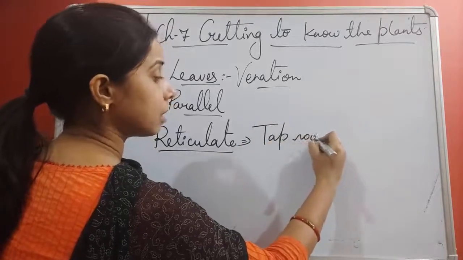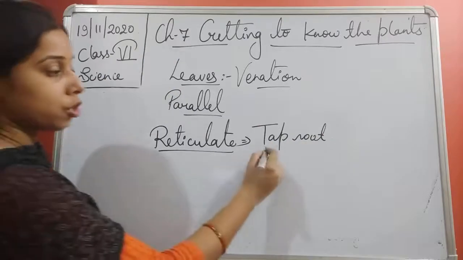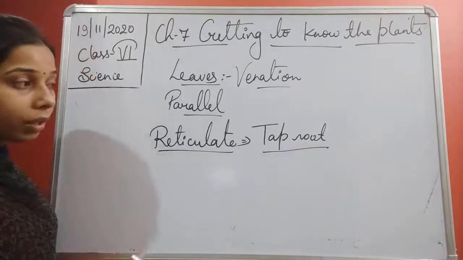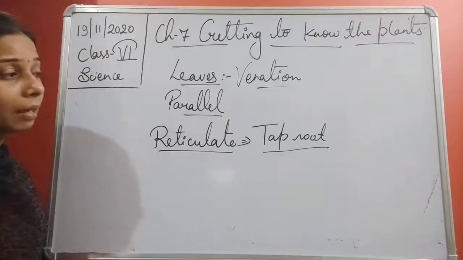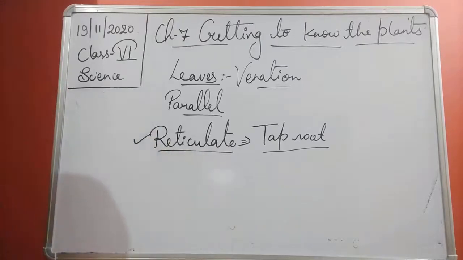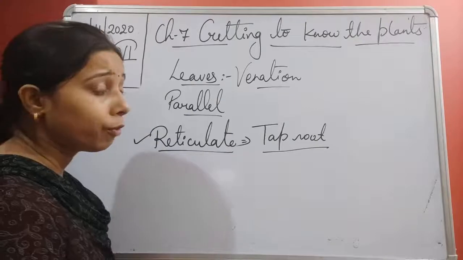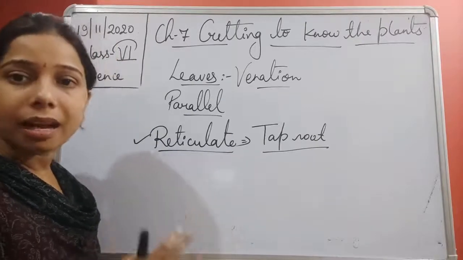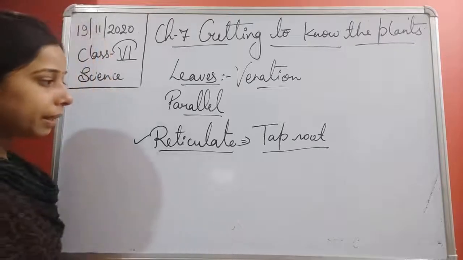You will always say that with reticulate venation, the type of root the plant has is the taproot. So by looking at the arrangement of the veins only, we can say what kind of root will be present in that plant.